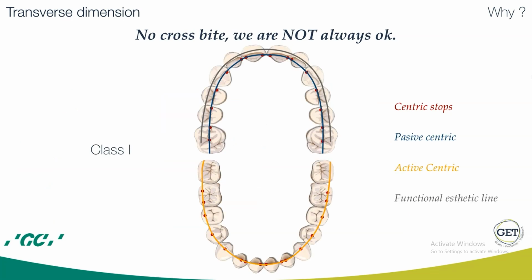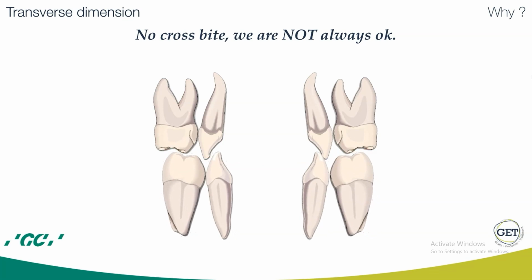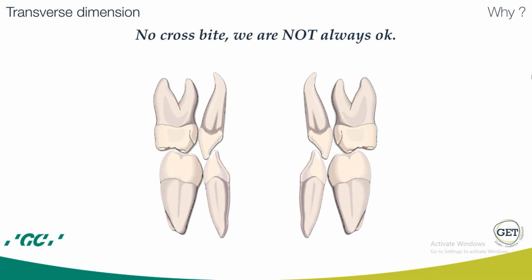For good results and stability, it is necessary to have a functional occlusion. That means you need to have occlusal stops and proper guidance. Canine guidance is imperative for functional occlusion, not only to produce disocclusion of the other teeth, but also for its proprioceptors that keep masticatory forces under control.